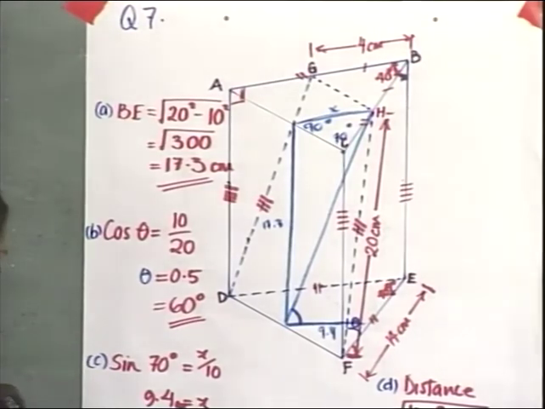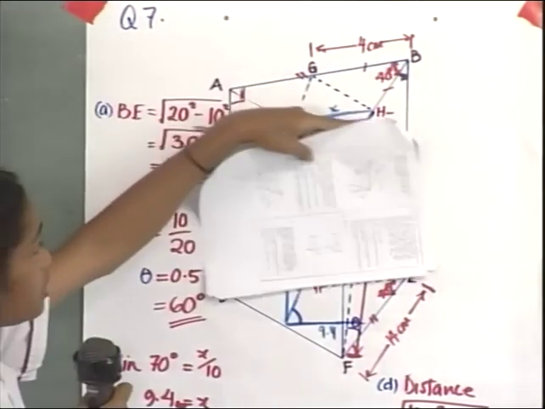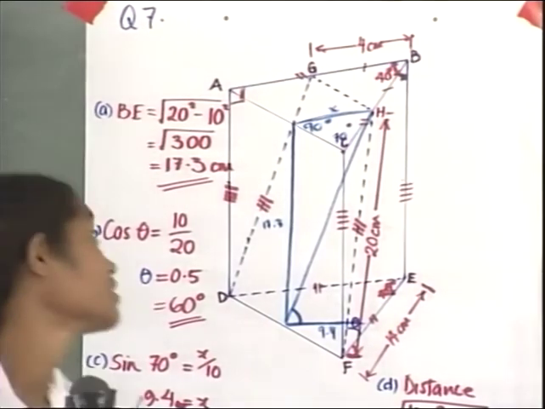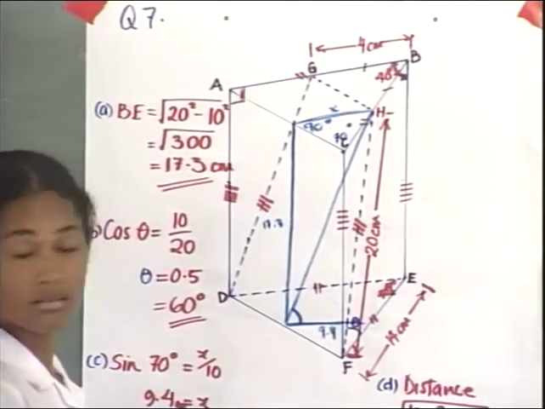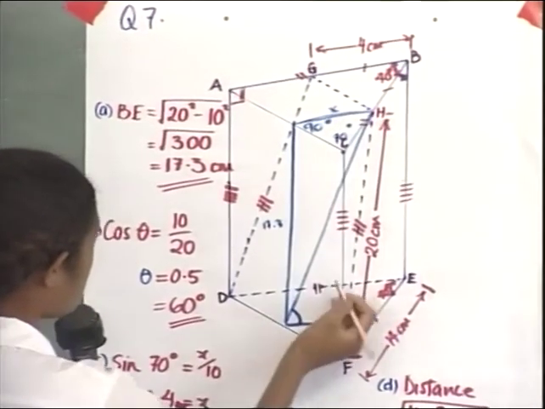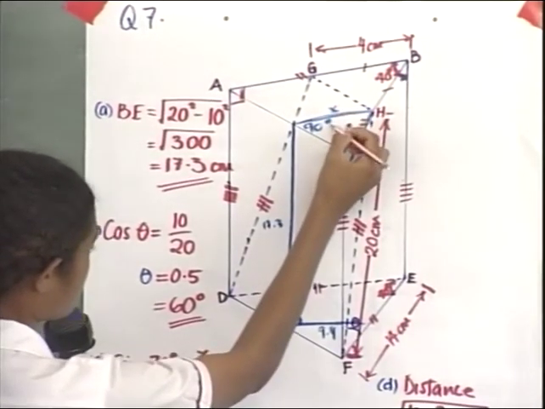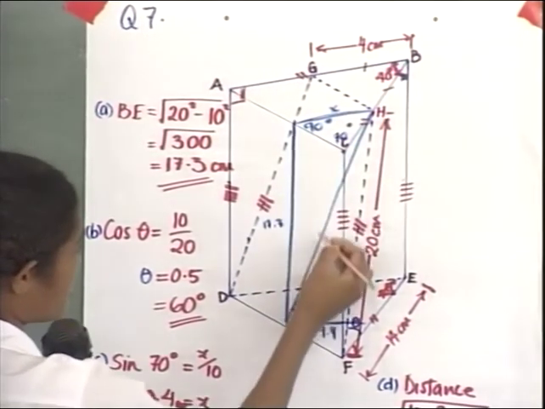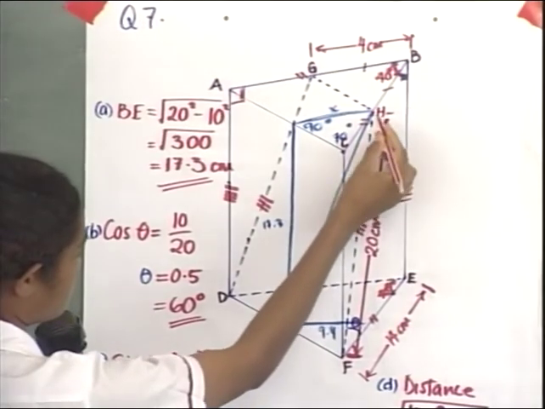Part C is asking us to find the distance between the midpoint of GH and DF. It's the most difficult question. So the distance from the midpoint of GH to DF is from this point to this point, which is just the same as the hypotenuse.